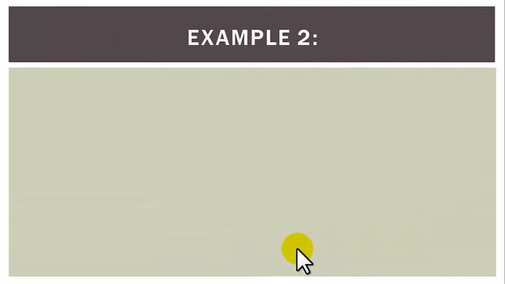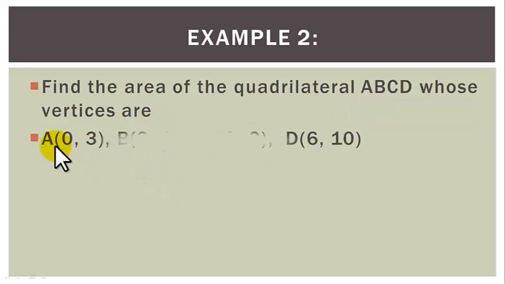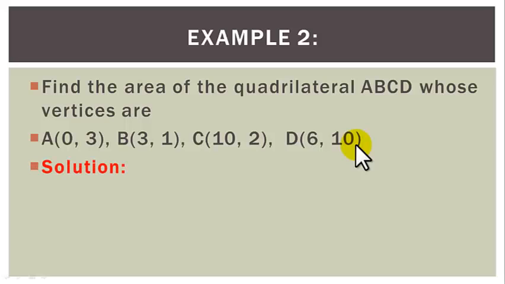Example 2. Find the area of the quadrilateral ABCD whose vertices are A(0,3), B(3,1), C(10,2), and D(6,10). Solution. Let us sketch the quadrilateral ABCD as follows.